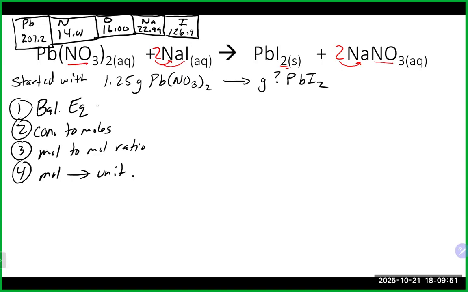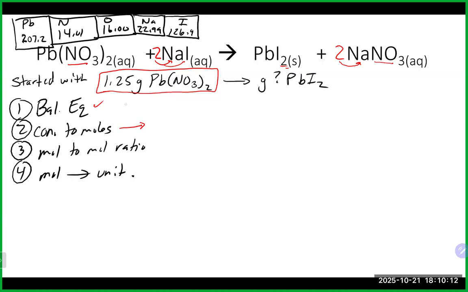All right, step number 1, check. Next we want to take whatever they gave us, which in this case is the 1.25 grams of lead 2 nitrate, and convert it to moles. In order to do that, we will need the molar mass to go from grams to moles.